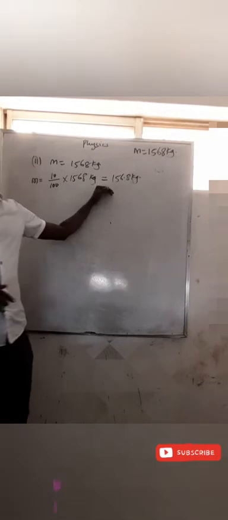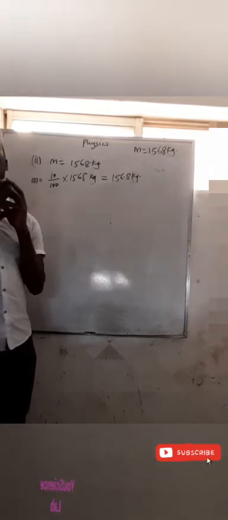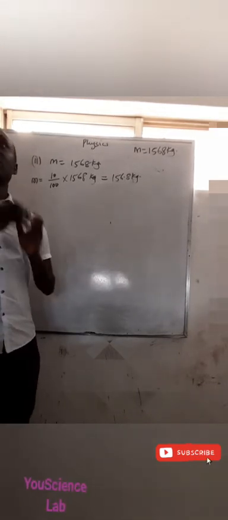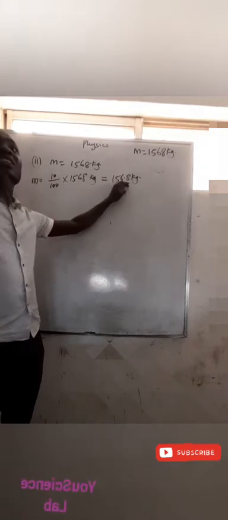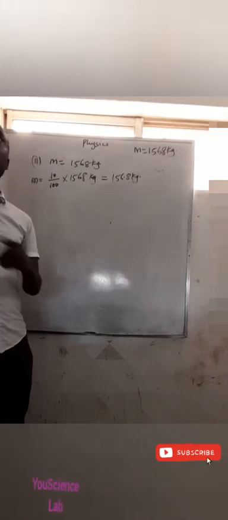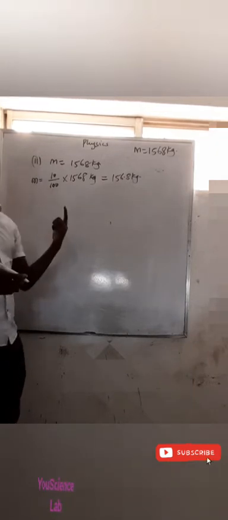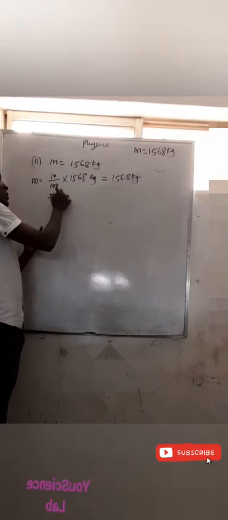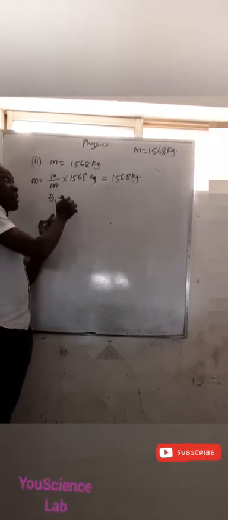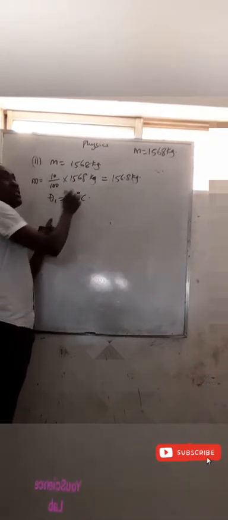So the energy supplied to that body is required to raise the temperature to the melting point of that object. What I mean is that the initial temperature of the iron filing was 25 degrees centigrade, isn't it?